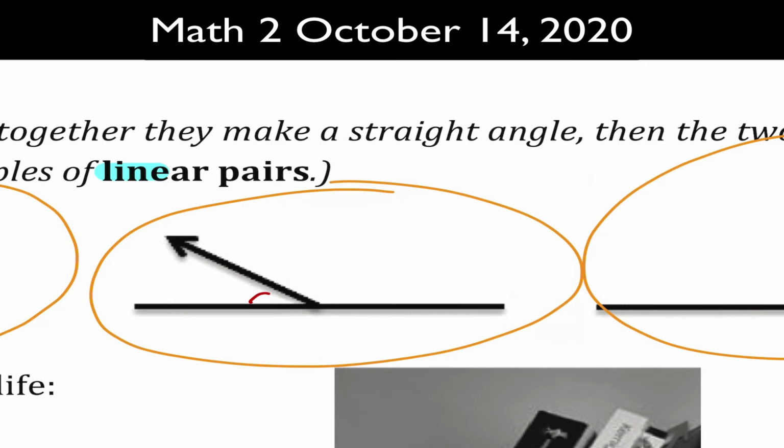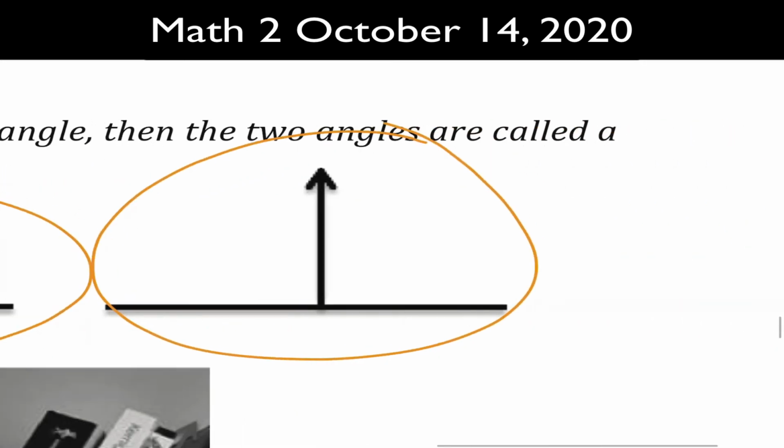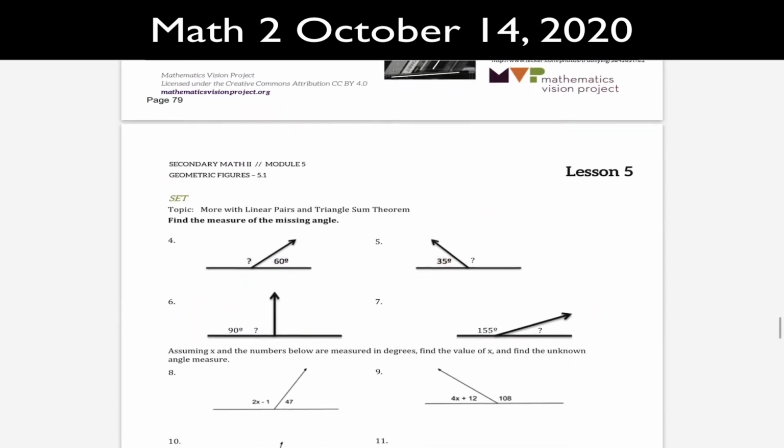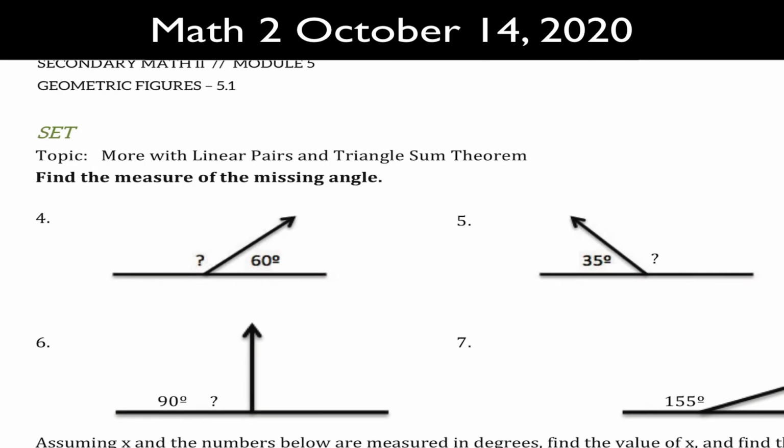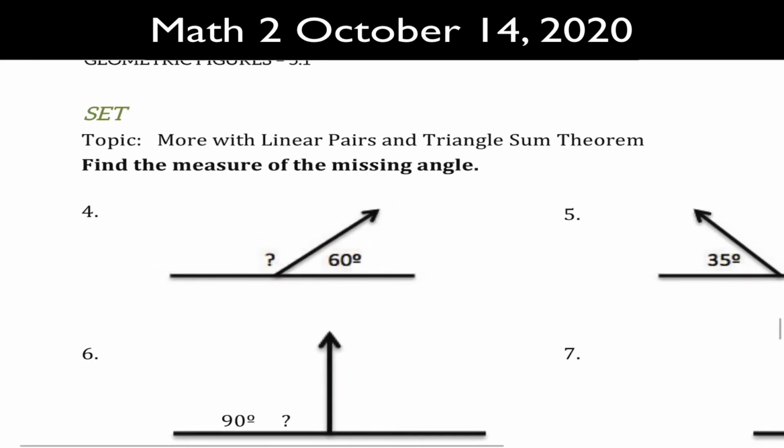This angle plus this angle, straight line. And then these two angles put together, straight line. What you really need to remember is that a straight line is 180, and if you go all the way around, it's 360. So look at number 4 on your next page.